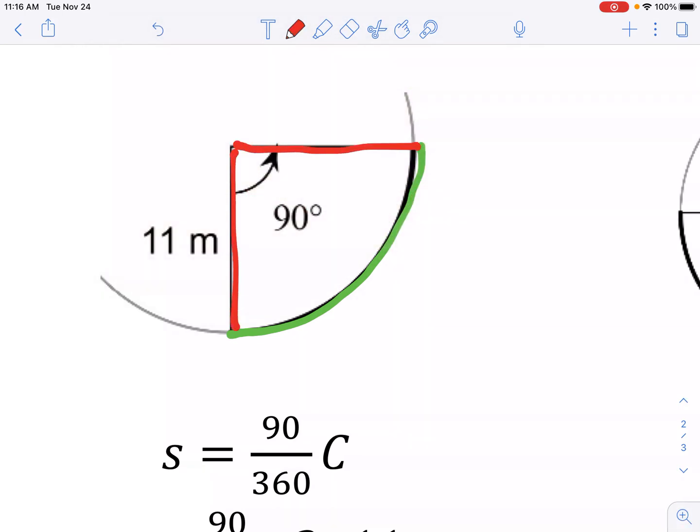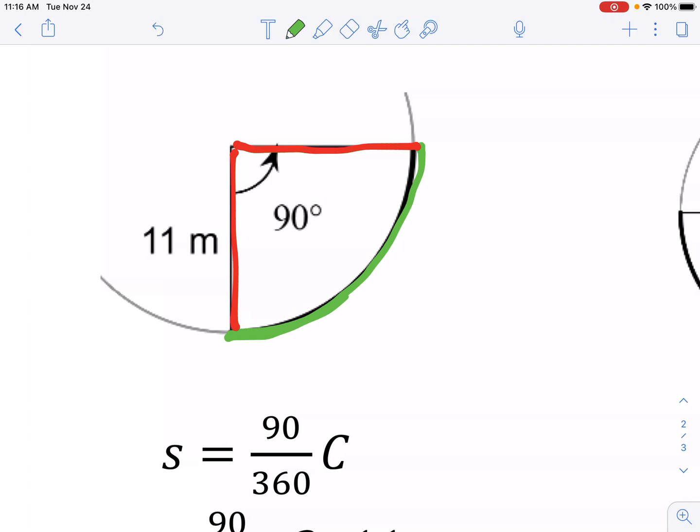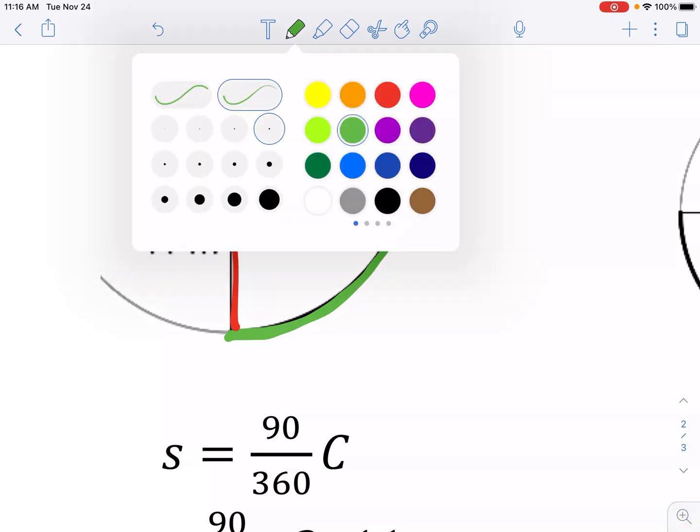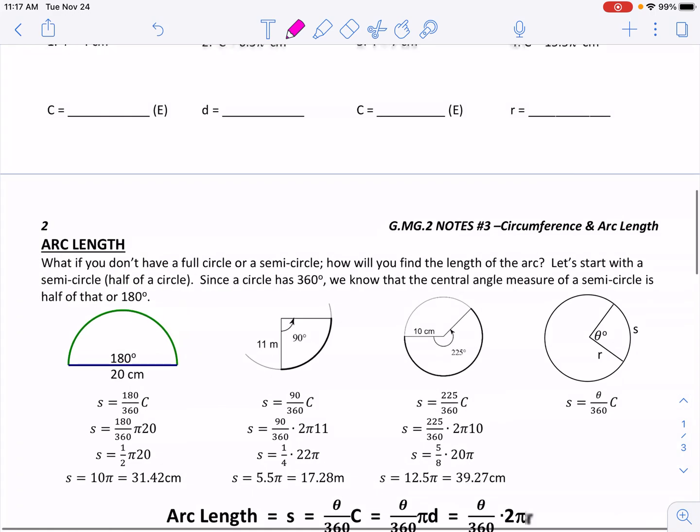So that's where circumference and arc length differ from perimeter. Circumference and arc length are only going to tell us the length of this curvature here. But if we want to find the actual perimeter, then we have to go back and add whatever this measurement is, plus this, to find the actual perimeter. So that's where the idea might differ a little bit between circumference and perimeter.